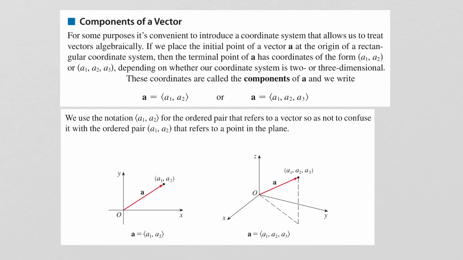So to tell a difference between a vector and a point, we use the notation that you see here. So we use these pointed parentheses. Same thing in 3 dimensions. When we look at the components of a vector, we are going to put those pointed parentheses around the terminal point of that vector.